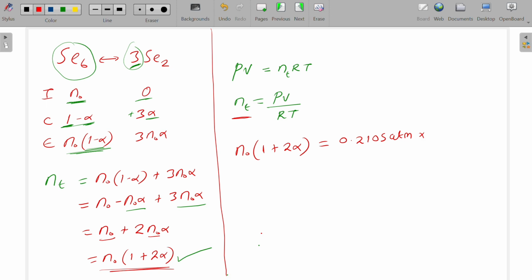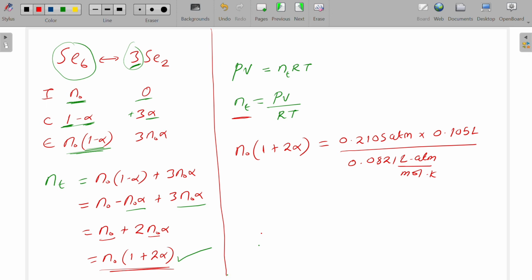And this will multiply by the volume we have, which is 0.105 liters. Then this will divide by our R. R is a constant, which is 0.0821, and this is in the units of liters atm per mole Kelvin, like that.